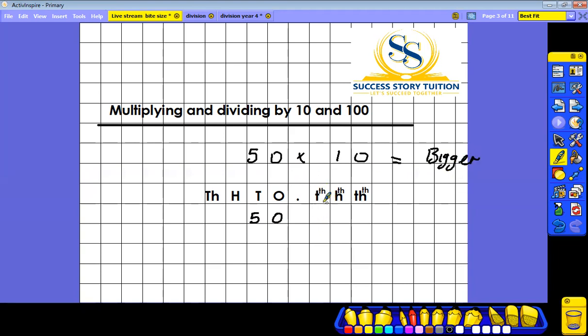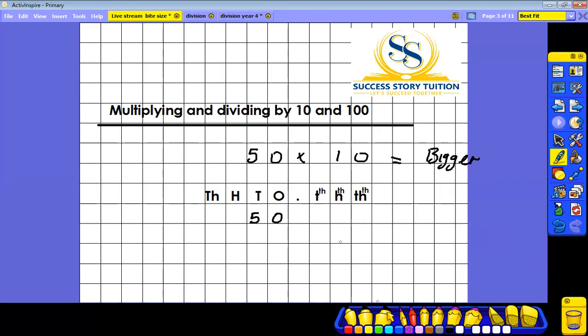Likewise, when you look at your place value grid, let's have a look at what direction is going bigger. So if I go from my ones to my tens to my hundreds to my thousand, I am getting bigger as I go along. Meanwhile, if I go the opposite direction from the thousand to the hundred to the tens to the ones, I am getting smaller. I'm just going to use an arrow to represent what we've just spoken about.